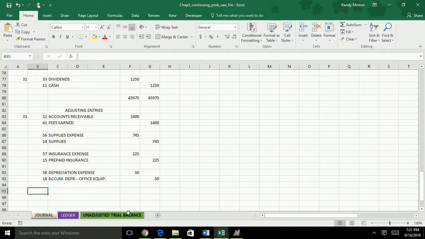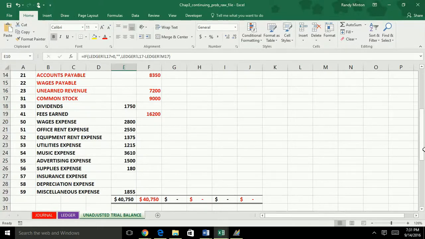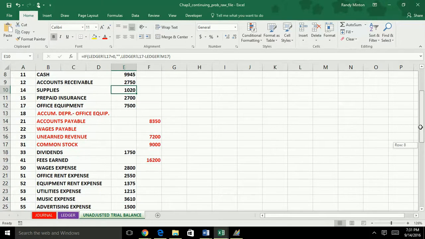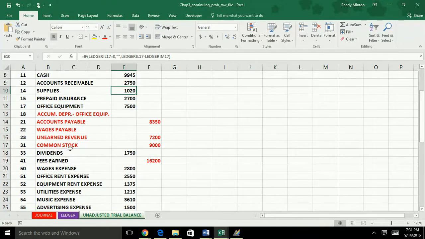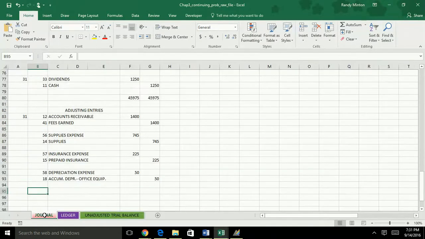And again, I'm going to have to pop over here so that I can see what the unearned revenue account was, and it was number 23. So 23 is going to be debited. And the reason I'm debiting it is because it's a liability. And liabilities are on the right-hand side of the accounting equation, which means they go up on the right and down on the left. This one is coming down in the amount of $3,600.